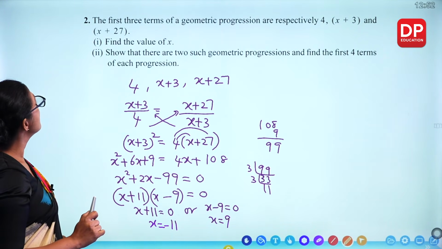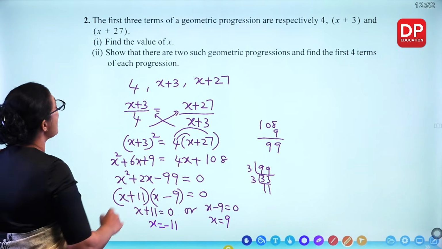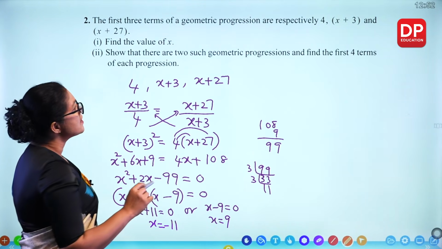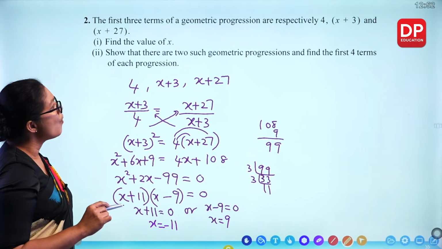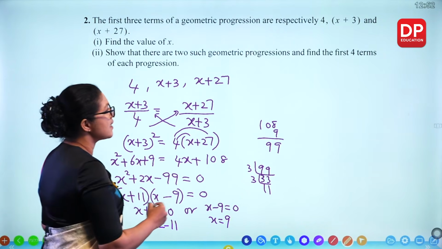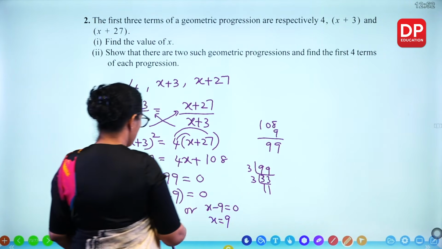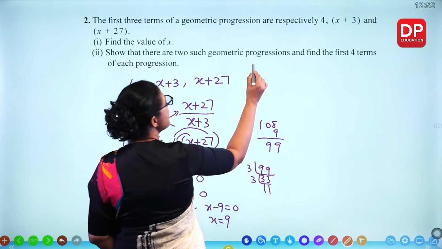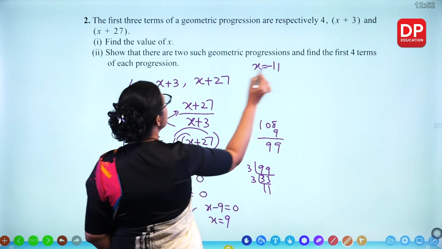So if this is minus 11, you need to write down the first 4 terms. We'll take the first one, x equals minus 11. If x equals minus 11, what's the sequence?